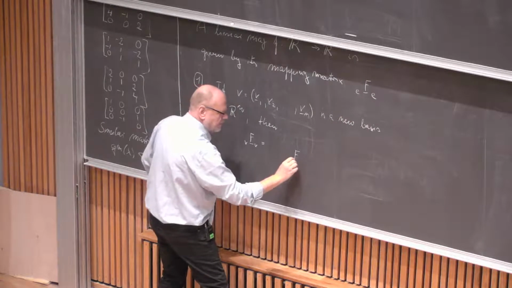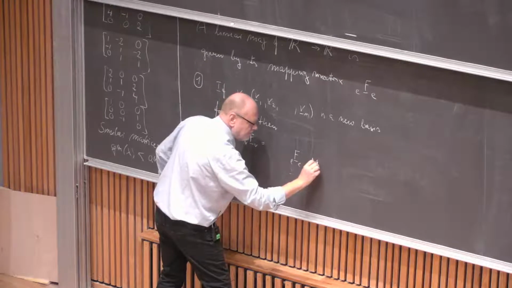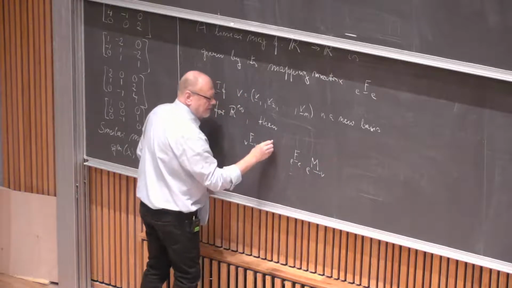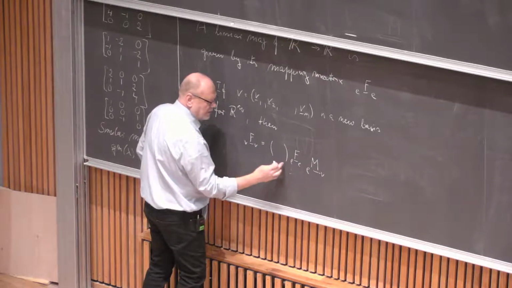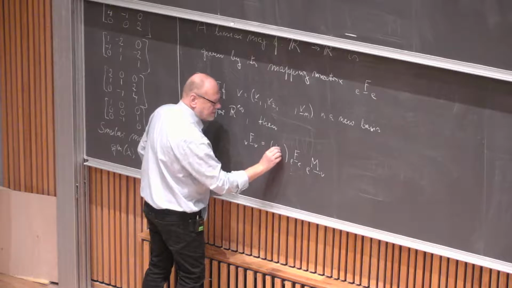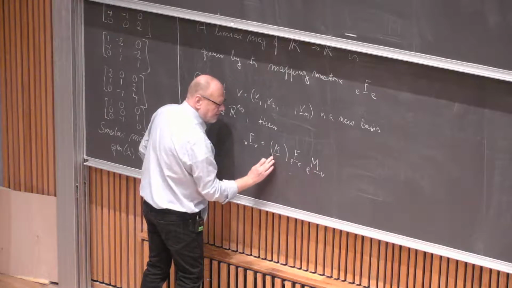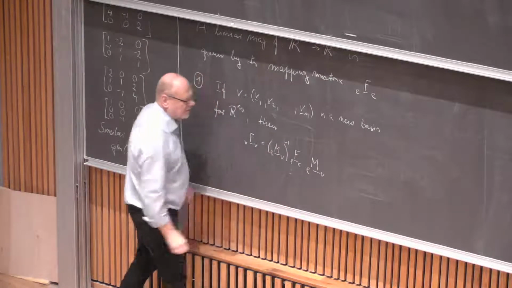So we have the change of base matrix from V to E, and then we have the change of base matrix from E to V, and this is the inverse of this matrix here. So that will be E to V like this.